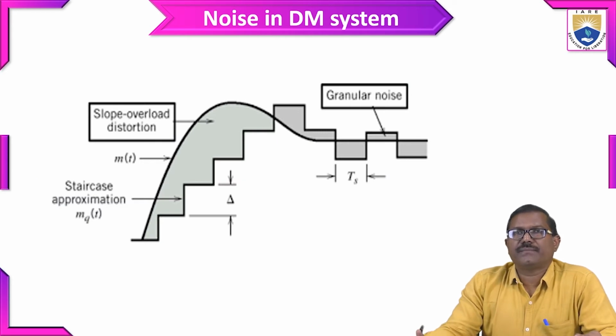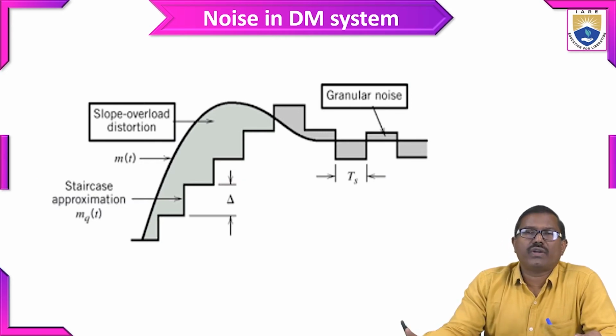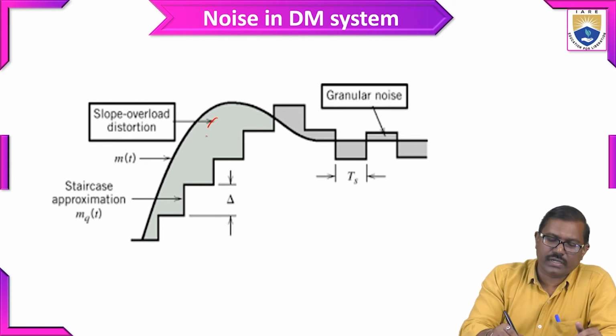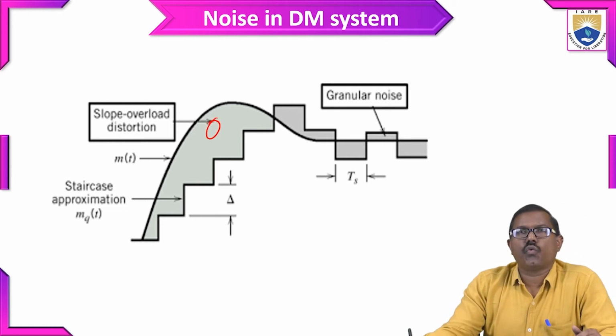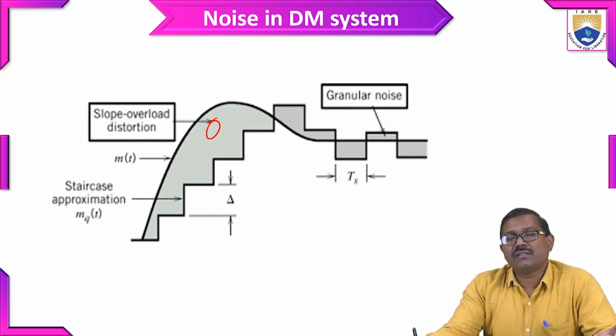So here you can see what slope overload is and what granular noise is. The staircase approximation is behind the message signal, so this case we can call slope overload. It is trying to track but not tracking.